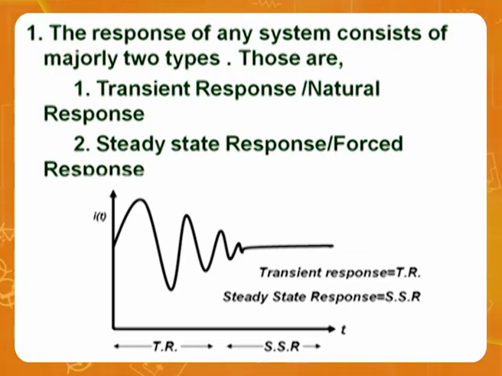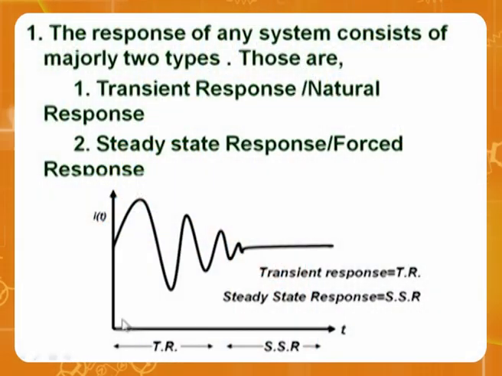But the switch is not really on as you think. We normally think when you switch on, the light is glowing. But that's not going to happen. For some time it will take on and off, and slowly it will come to steady state. So this is called transient response because it is changing with time. This is called steady state because it is independent of time, steadily growing. So that is why you have two responses.